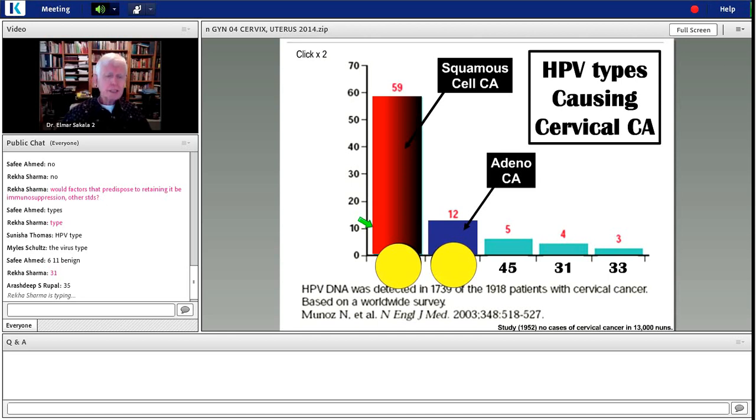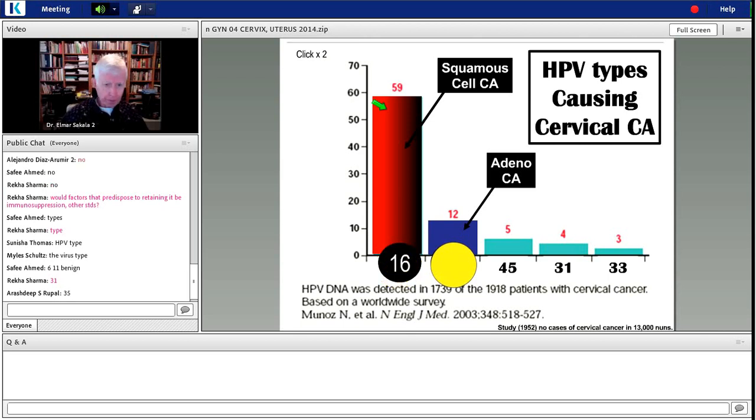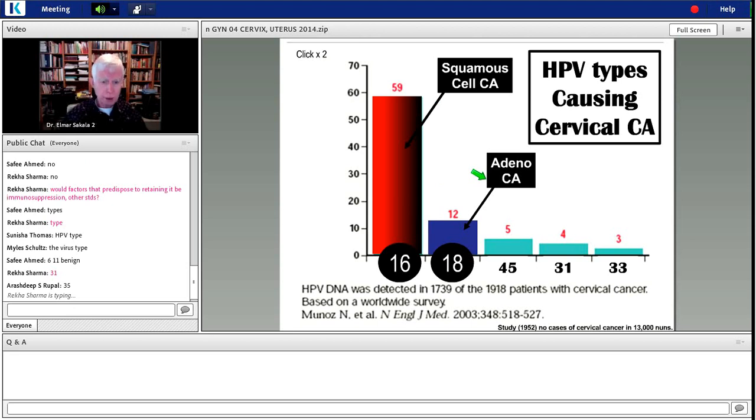Okay, this has a couple of take-home messages. What we're looking at here is a percentage of lesions which are HPV. This shows that HPV DNA type 16 is more associated with squamous cell carcinoma, and the HPV DNA type 18 is associated with adenocarcinoma.